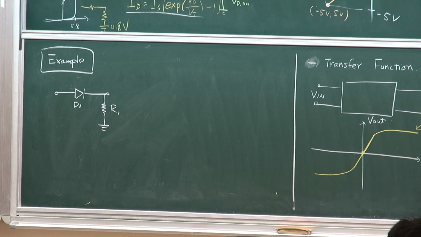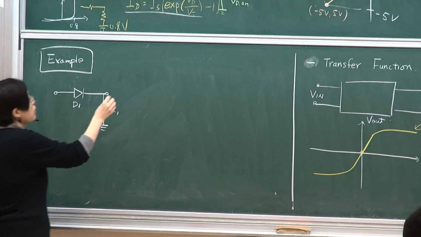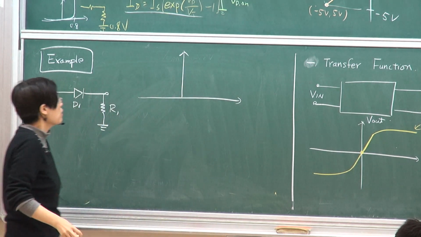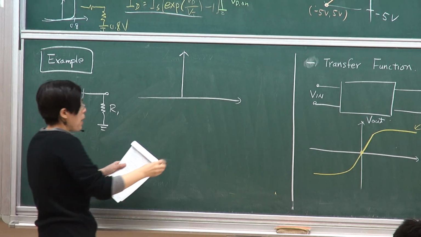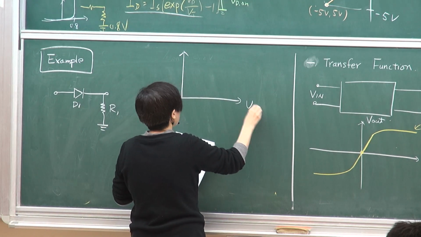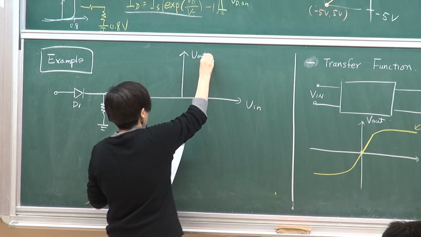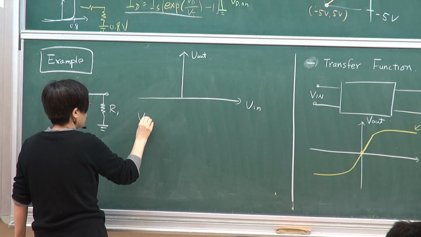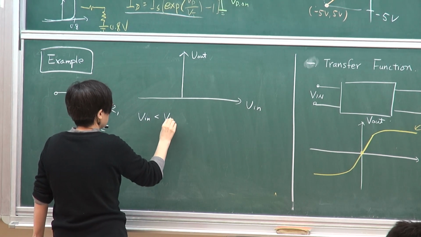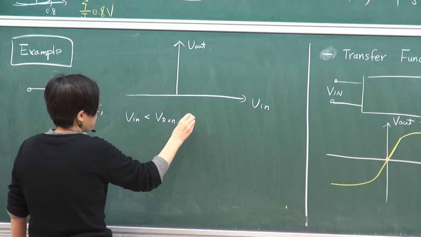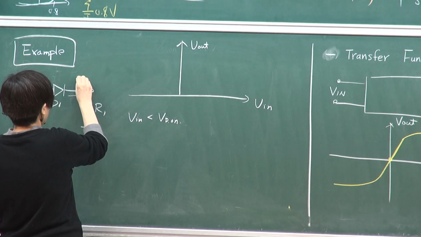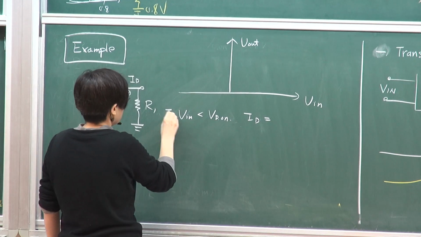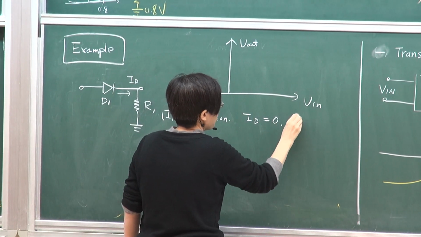So what is this transfer function? I don't actually need to draw 2 complicated circuits for analysis. You expect the input-output relationship will look something like this. There's actually only 2 zones. One is that when Vin is smaller than Vd, you expect the current ID equals 0, this is zone 1, therefore VL is 0.